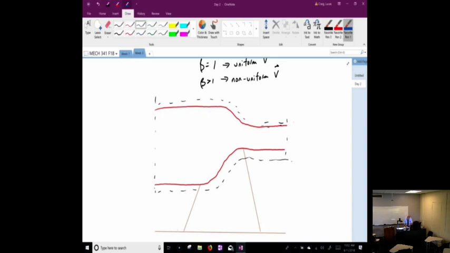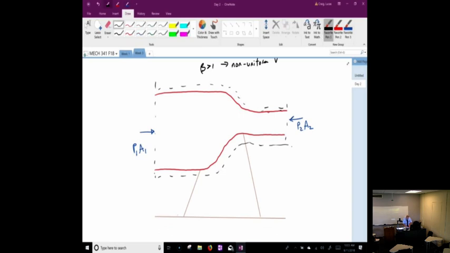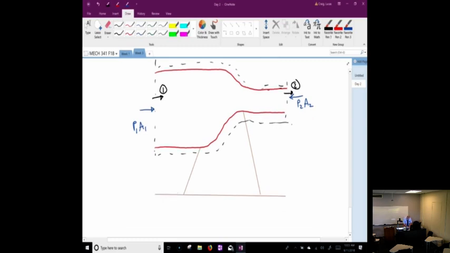But we have E1, A1 here, P2, A2 here. Oh, and let's label this is coming in, out. And let's write some givens for you.